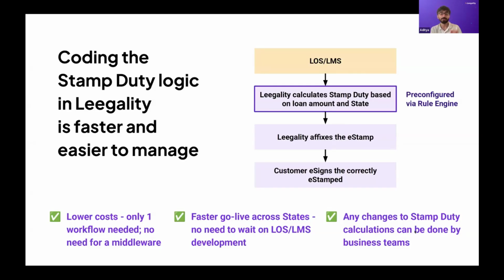So you do not need to do anything at your end with your LOS, LMS, or a middleware. You simply create the logic on the Leegality dashboard. You can do this in a few minutes and integrate with Leegality once, and you're done, right? The entire logic and orchestration of stamp duty is now done at our end. You do not need to build and maintain it yourself.